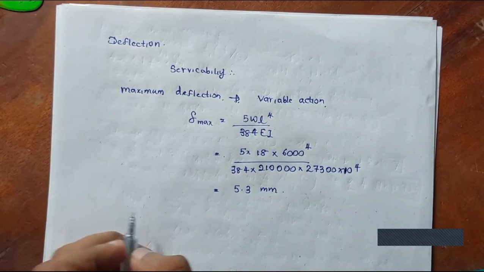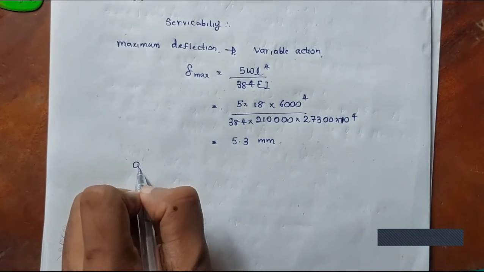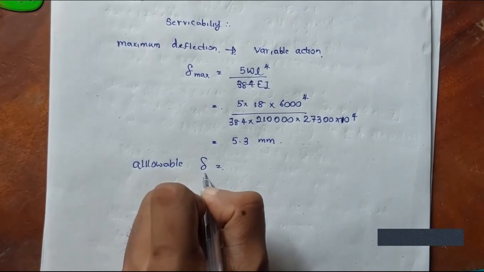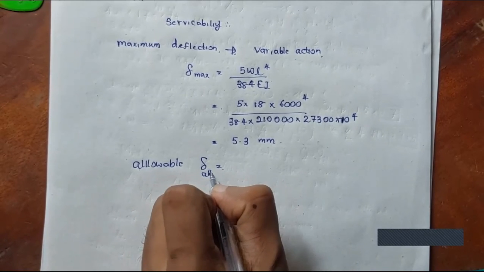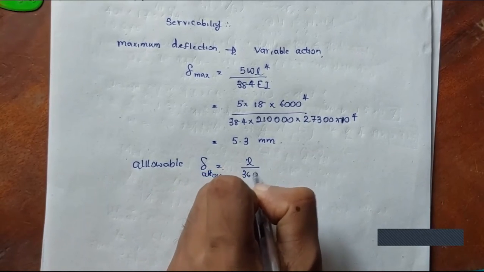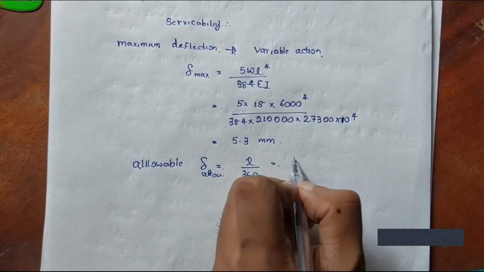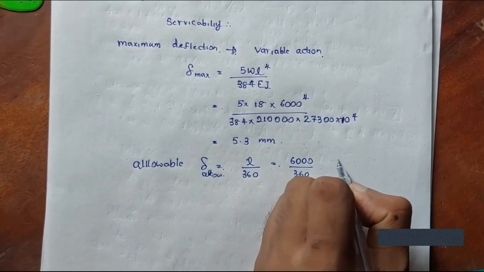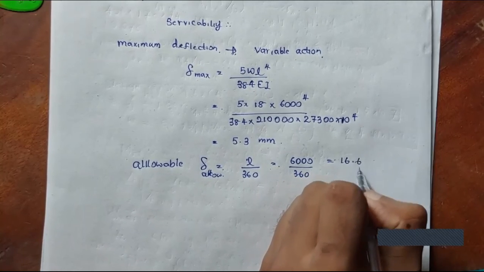So the maximum allowable deflection delta is span over 360 for this case, right? So that's going to be, right.